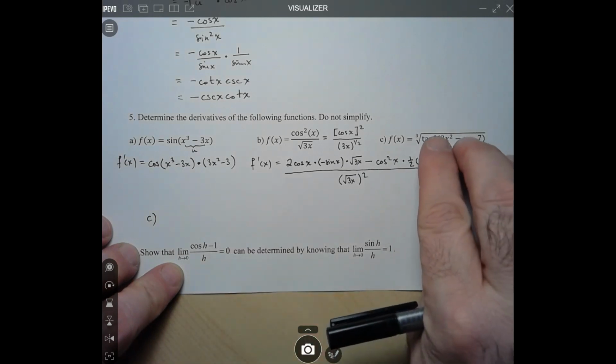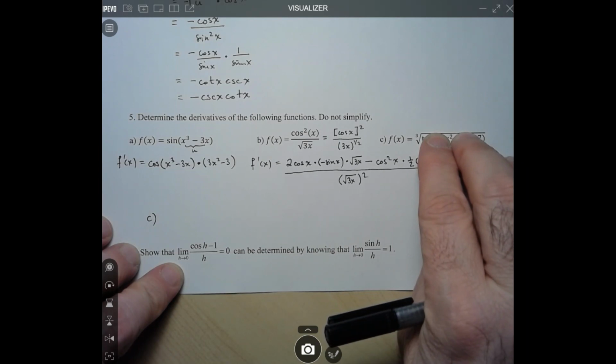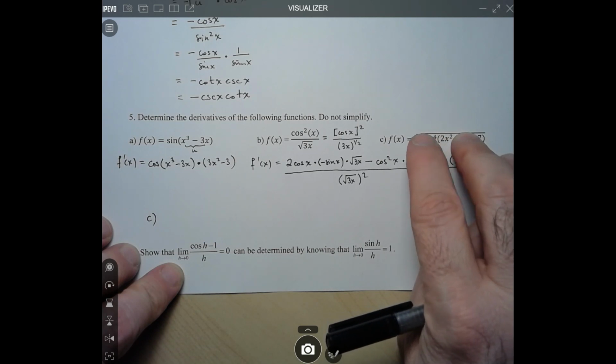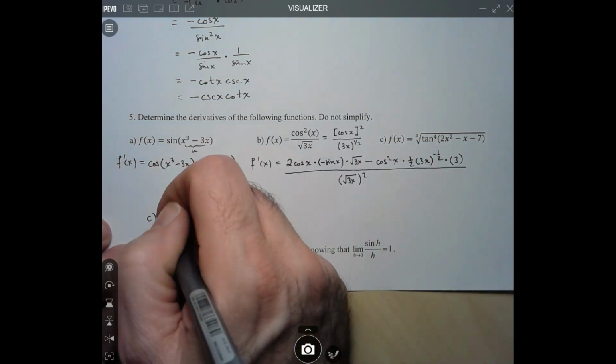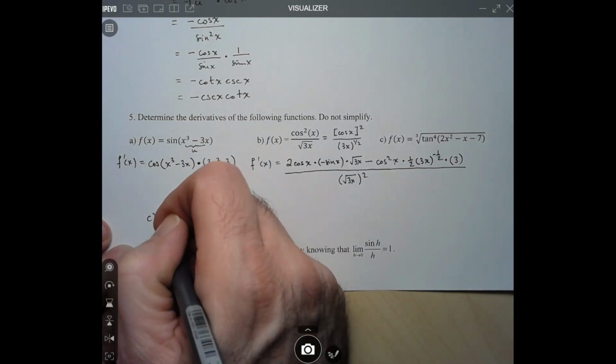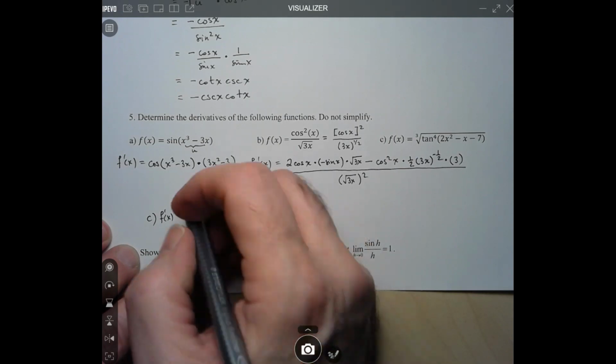So this whole thing inside the cube root is just my inside function, so I'll call that u. So I have to take the derivative of u to the 1/3, because cube root is the same thing as 1/3. So that's going to be f prime at x. I'm going to have to leave myself a lot of room here. This is going to be quite long.